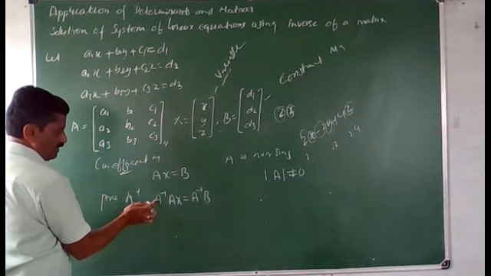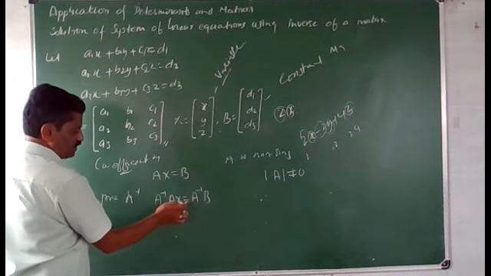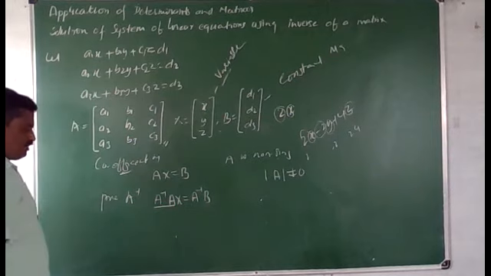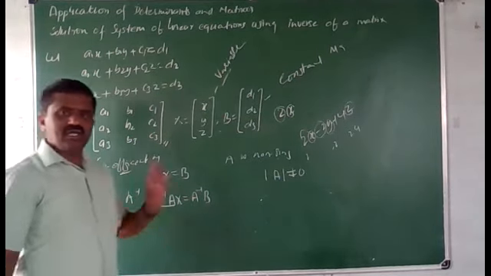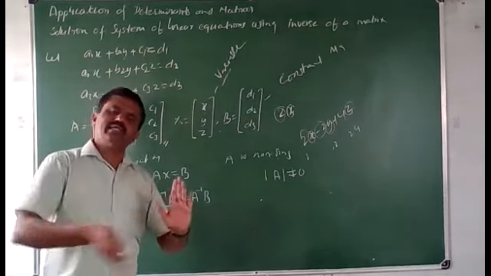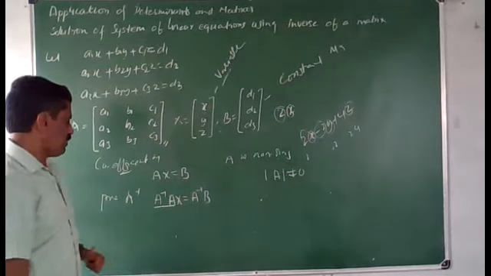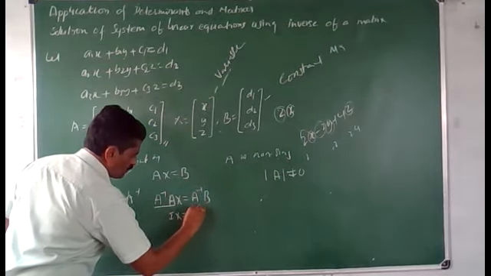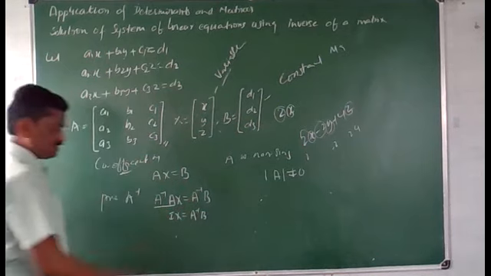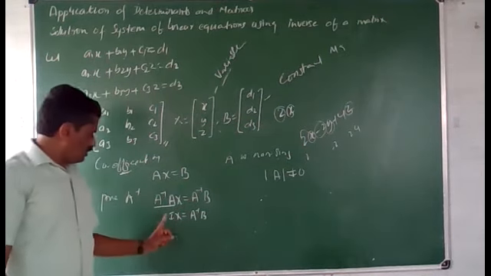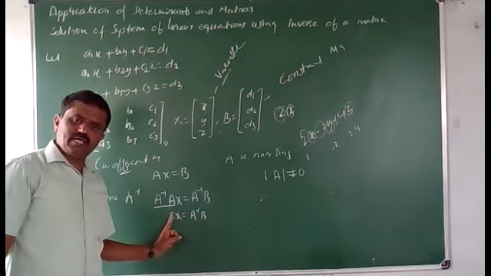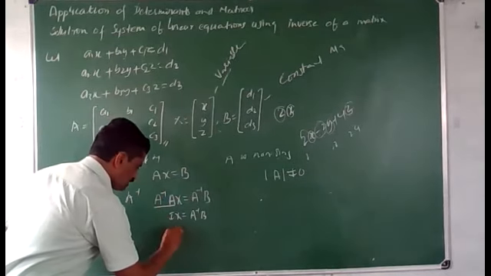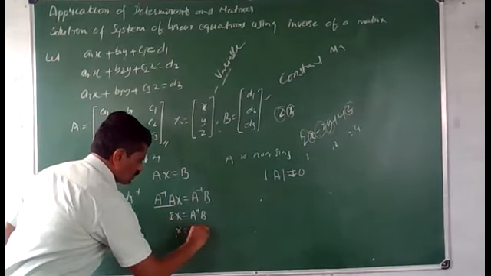Therefore, A inverse into A into X is equal to A inverse into B. So we know what A inverse into A is. Any matrix multiplied by its inverse gives an identity matrix. Therefore, I into X is equal to A inverse into B. We know that any matrix multiplied by an identity matrix gives the matrix itself. That is, X is equal to A inverse into B.